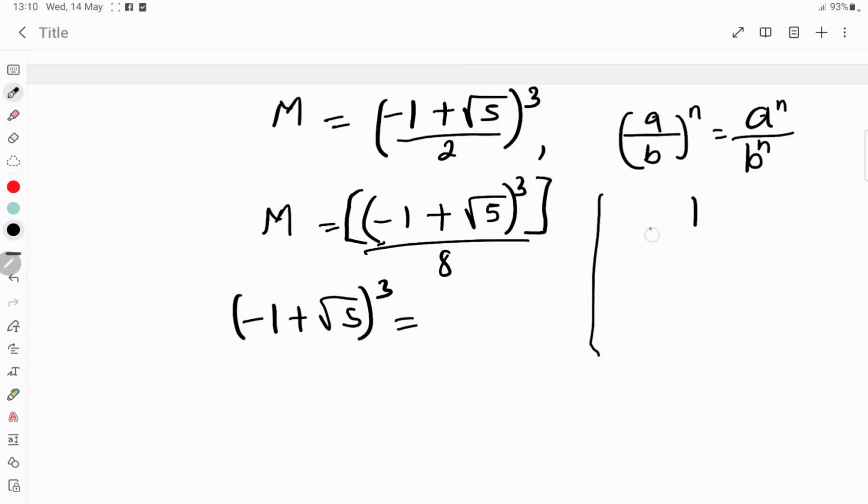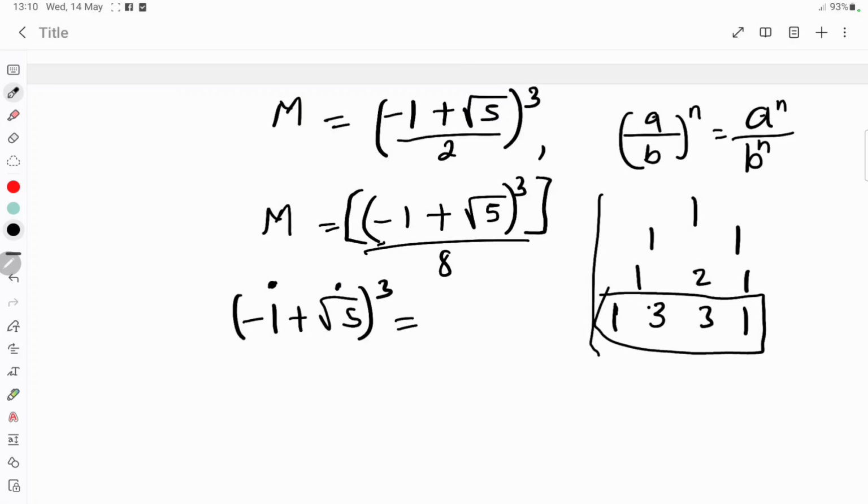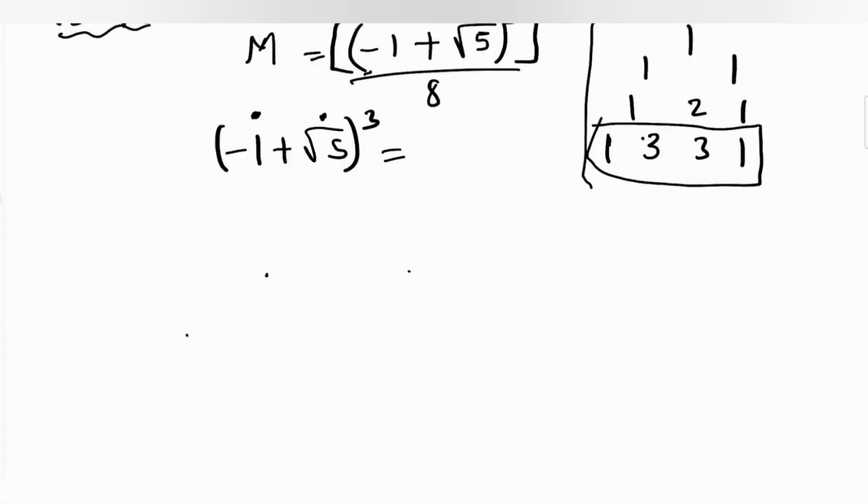For the power of 3, 1, 3, 3, 1, and this suggests the coefficients. In binomial expansion, once the first term is decreasing, the other term is increasing. So use the binomial or Pascal's triangle to do this.